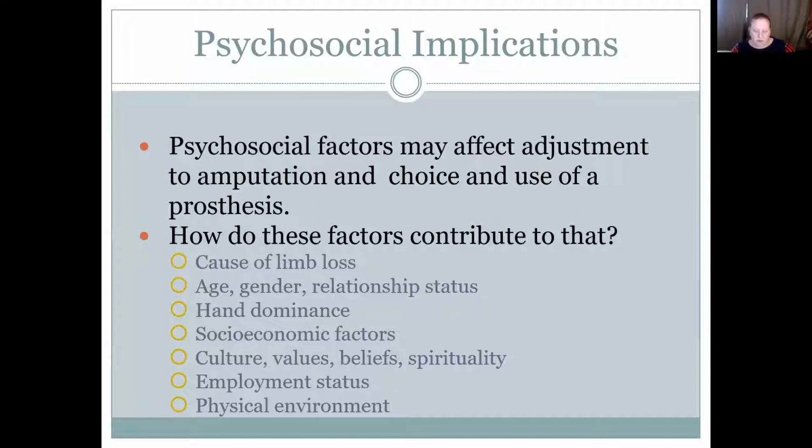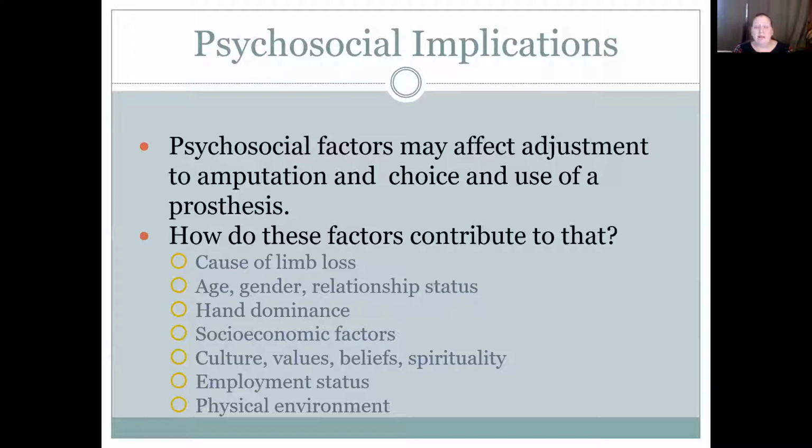Okay. Psychosocial implications. There will be scenario style questions over psychosocial implications. All right. We spent an entire semester discussing psychosocial mental health and how it can affect people with rehabilitation from a mental health aspect.